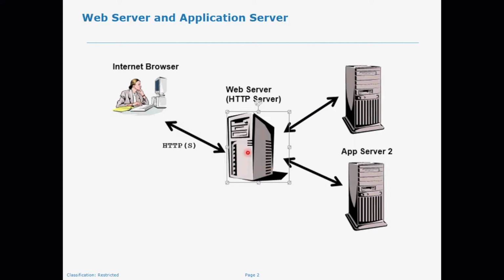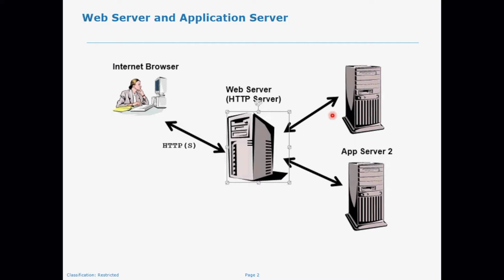Once it converts gmail.com into the appropriate IP address, the request is directed to the server with that IP address. Once it reaches that server, which is also called the web server, it redirects the request internally to a particular application server for further processing.